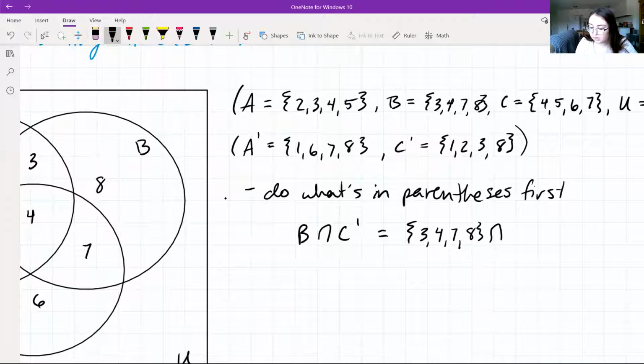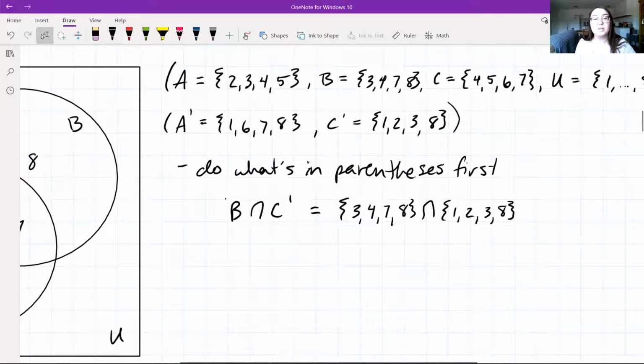And then we're taking the intersection with C prime. And we already found C prime, which we know is 1, 2, 3, and 8. So now we just need to find the values that they share. So we see 3 is in B, 3 is also in C prime, so we can write 3. 4 is in B, but not in C prime. 7 is in B, but not in C prime.